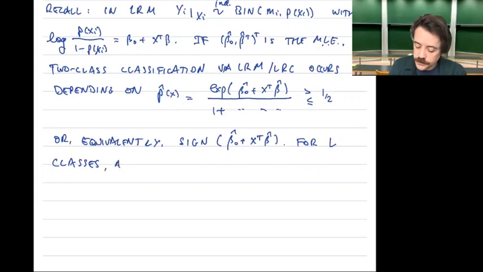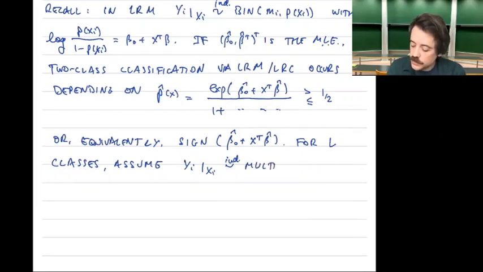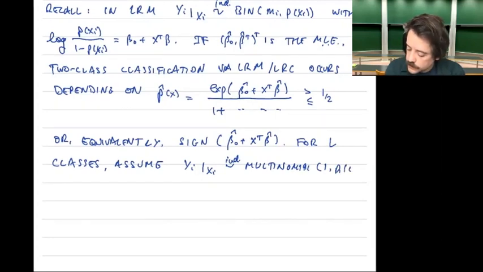So let's assume the second way of viewing the response random variables: that these, given the x_i, are independent as usual, but come from a multinomial distribution with parameters 1, p_1(x_i), up to p_L(x_i), okay?